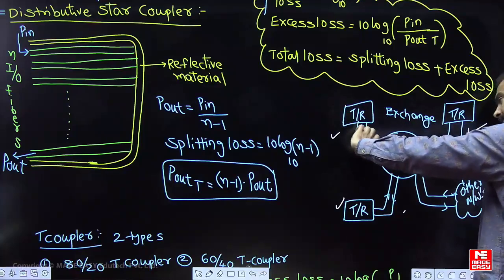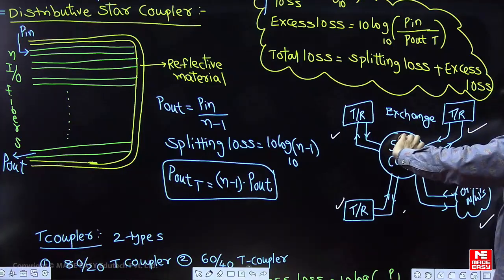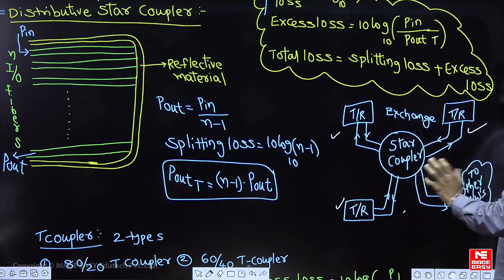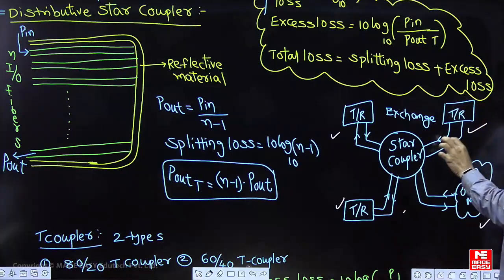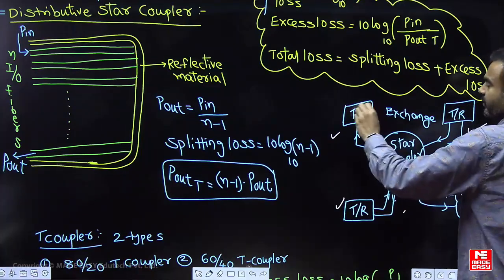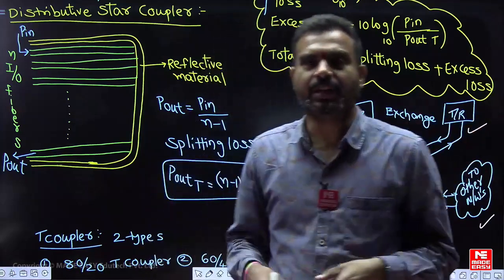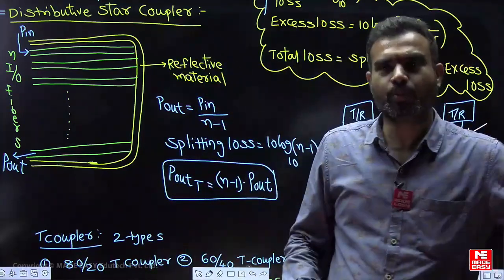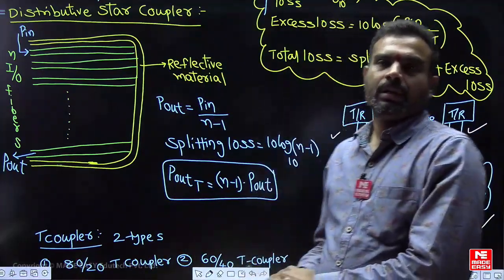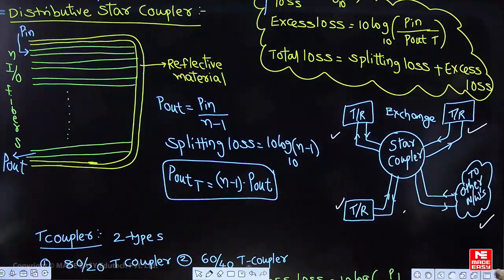If information is coming from this one, it passes to all the remaining ports, and the information given by the remaining ports is also taken and passed to this one. That means bidirectional transmission is done, either from input to output or from output to input.